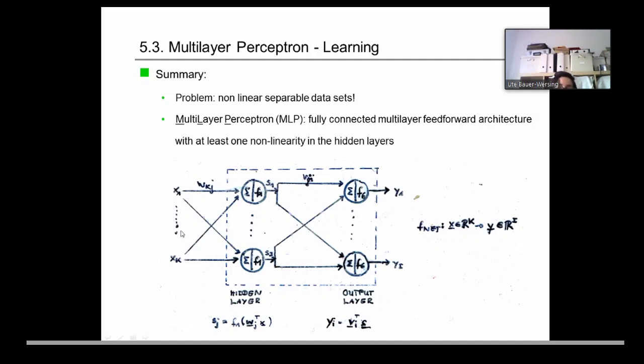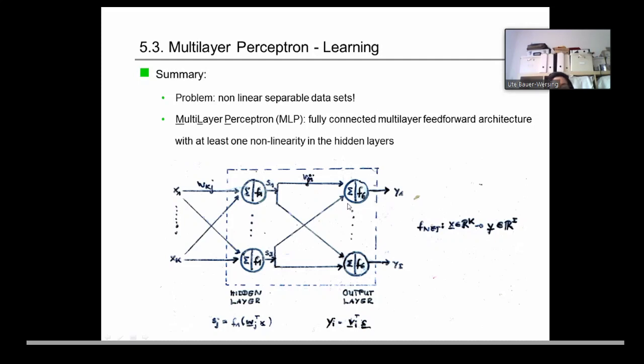So we have the inputs x1 to xk. We have our neurons in the hidden layer, which are characterized by the sigmoid activation function. The output of neurons in the hidden layer is calculated by the individual weight vectors times input data.